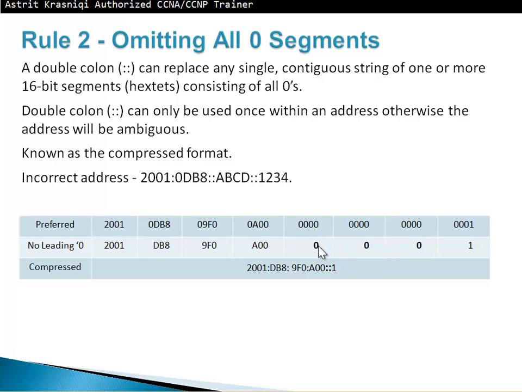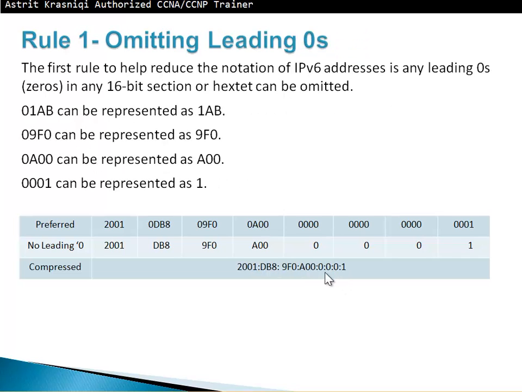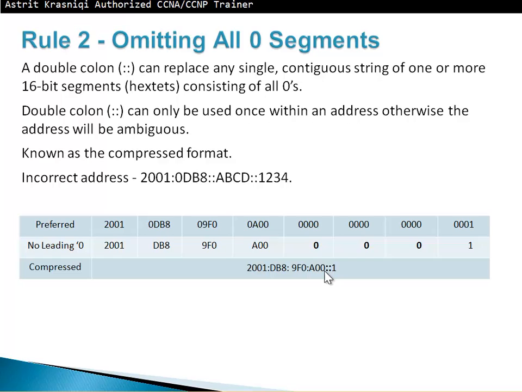What we can do is compress these 3 hextets as a double colon, like this, compressing it even further: 2001:db8:9f0:a00::1. If you look at before, it was 0:0:0:1. These 3 we can represent with a double colon.